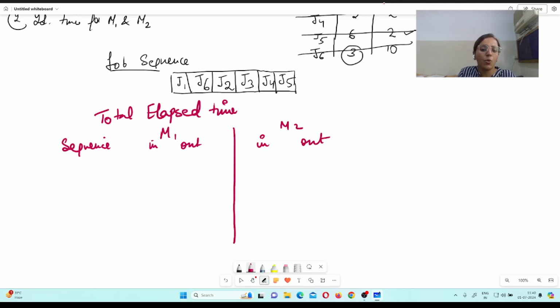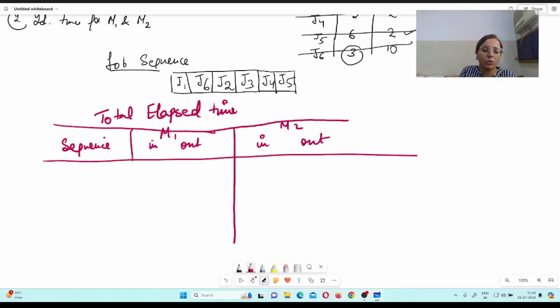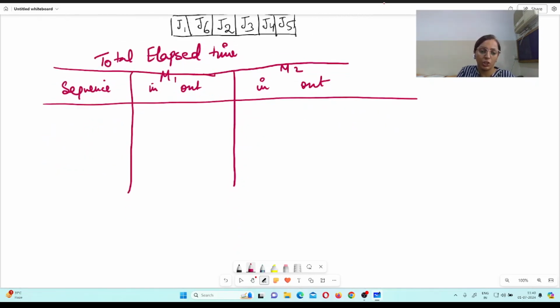Now you have to make it like a sequencing problem. You are finding the total elapsed time for both machines, so follow the same concept as in the previous numerical question. If you haven't done the previous numerical question, first try to complete it. That will make you more comfortable with sequencing.